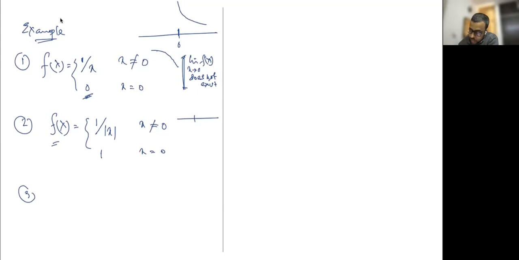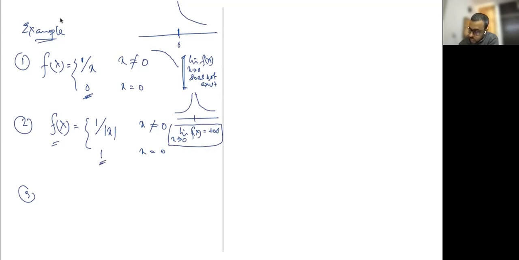So here you have replaced x by mod x. That means the behavior would be basically symmetric around 0. On this side and on this side, there won't be any difference. So here, the limit as x goes to 0 would exist, but it would be plus infinity. So it exists, but it is not finite. So even here, it does not matter that f is defined at 0.